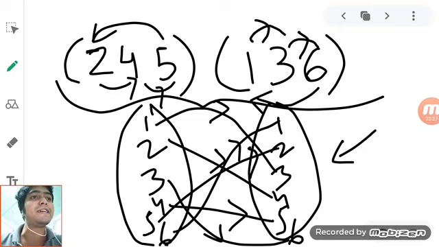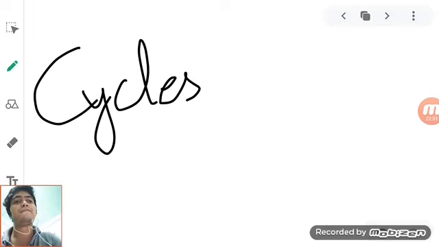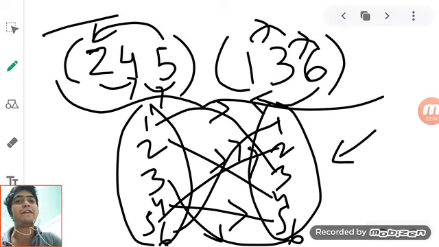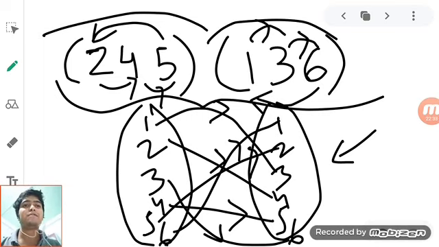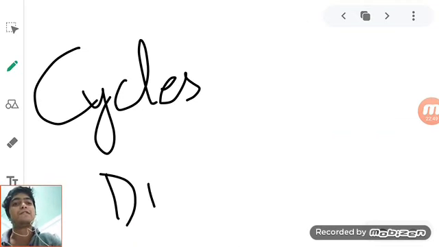Over here it will be S6. So we are using cycles. Over here we are having 2 cycles. Also the elements do not repeat. 1 is not present in the first cycle, 3 is not present. So over here we are having disjoint cycles.